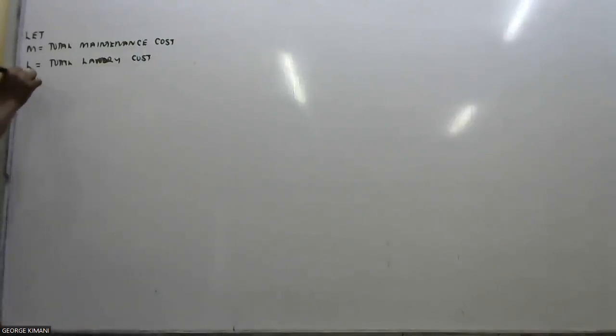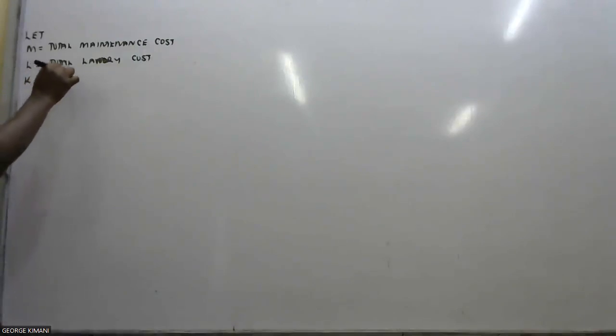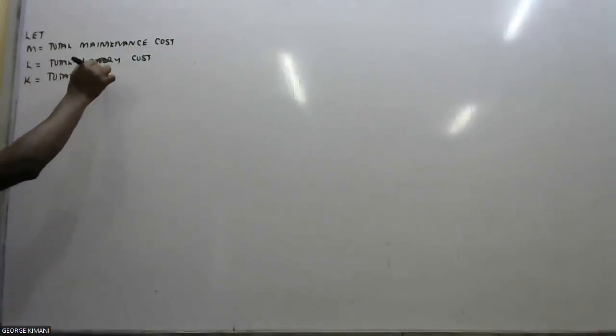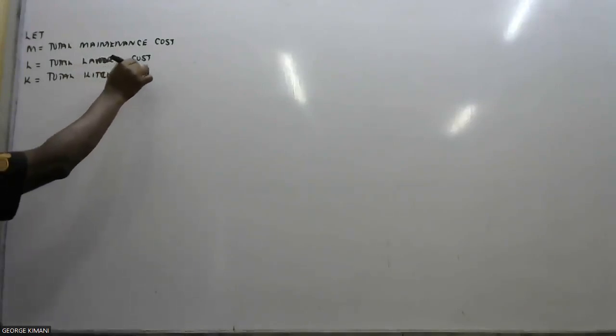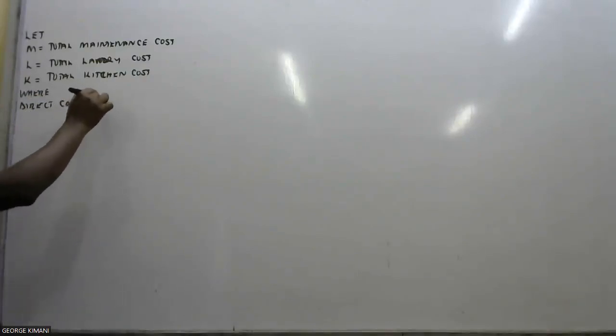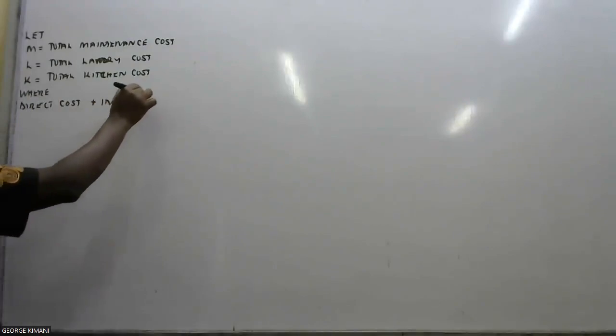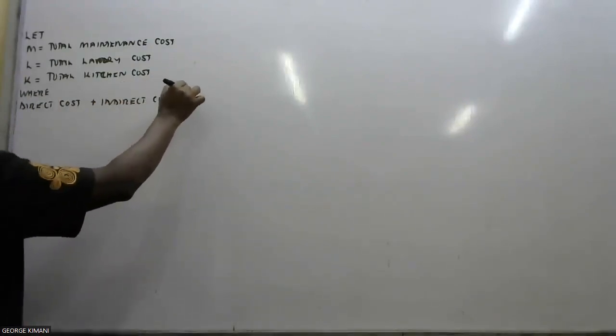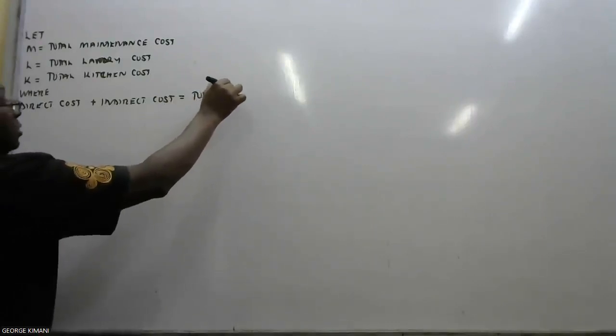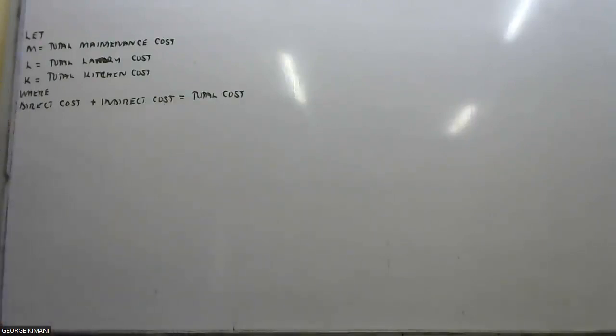Then K to be the total kitchen costs, where we should remember that if we are looking for the total costs, we say direct costs plus indirect costs is equal to total costs.